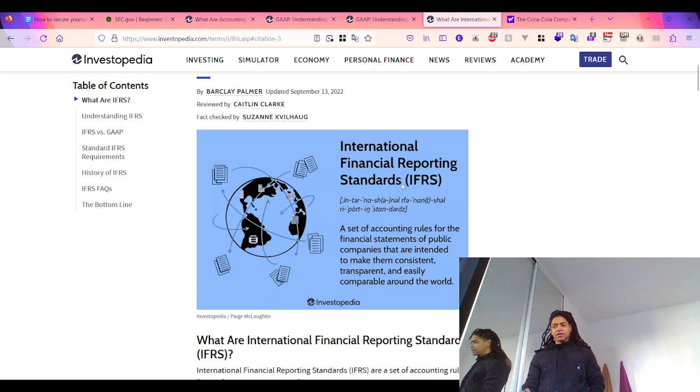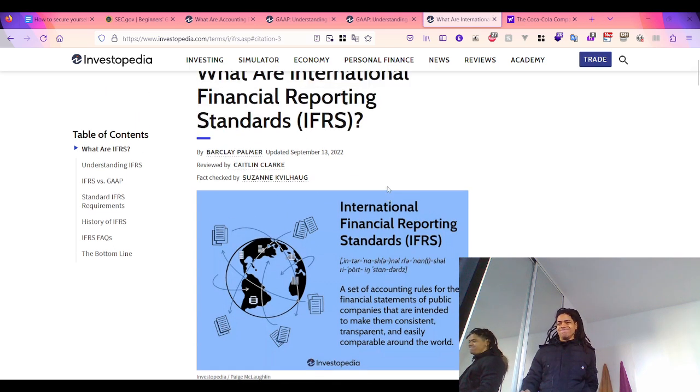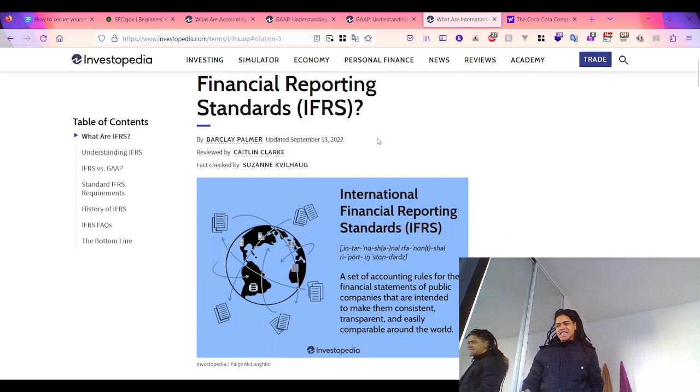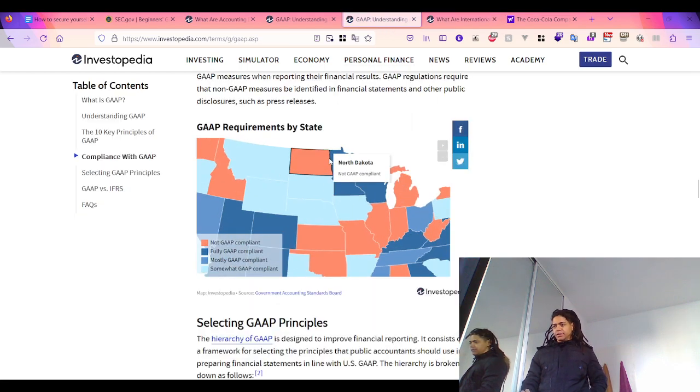The whole idea of this, according to Wikipedia, is that due to globalization and the ever-increasing multinational corporations, they created this in order to make the report consistent, transparent, and easily compared with others around the world. Okay.